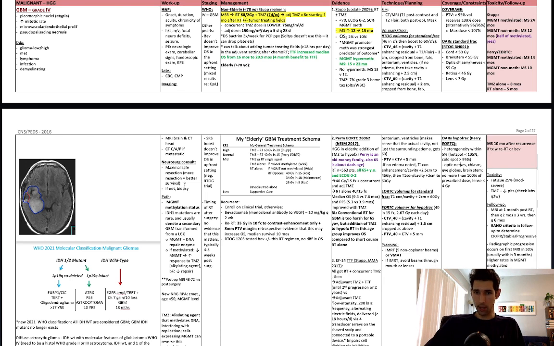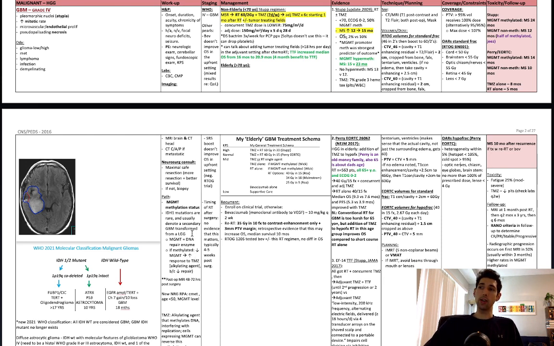If not, then biopsy. Pathology, again, IDH mutant is rare and usually denotes a secondary GBM transformed from a low-grade glioma. MGMT is a DNA repair enzyme. If it's methylated, you have decreased MGMT and increased response to TMZ.